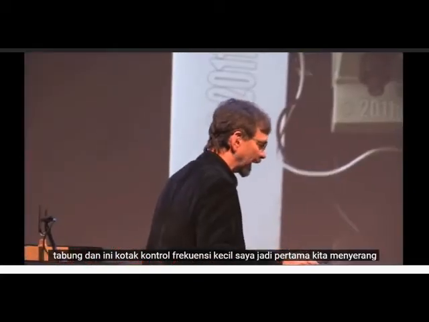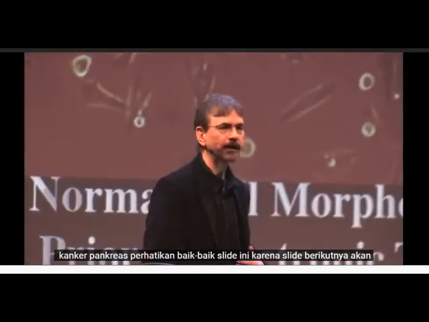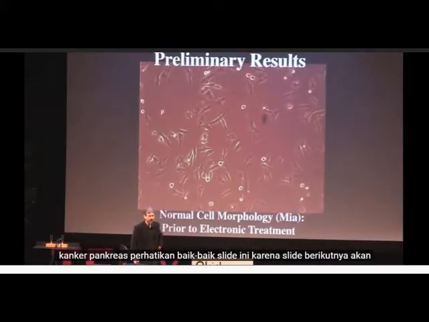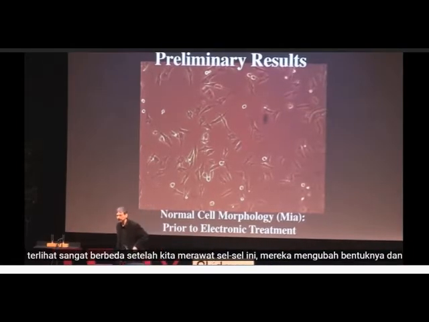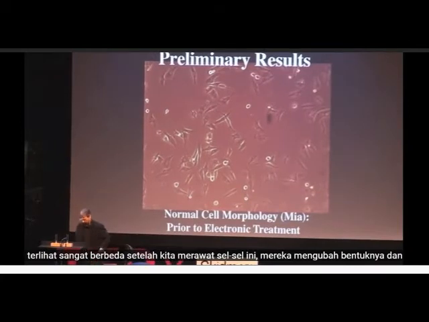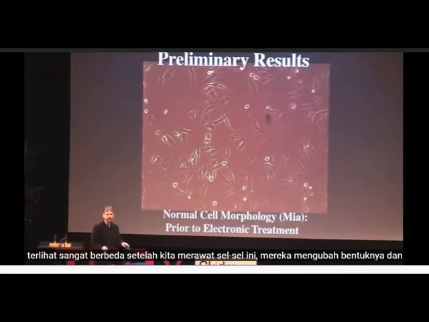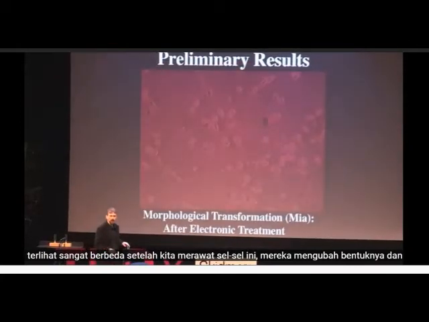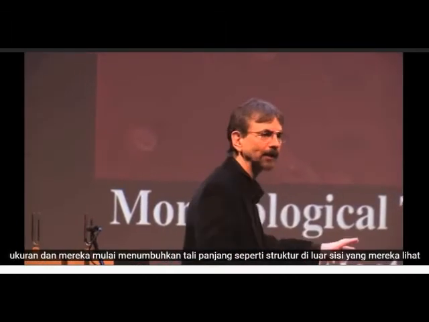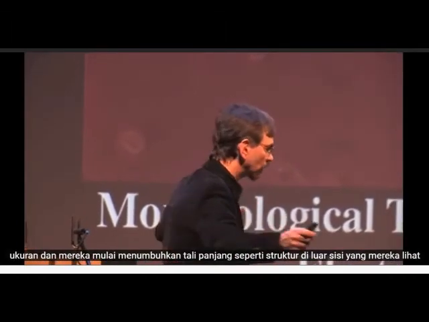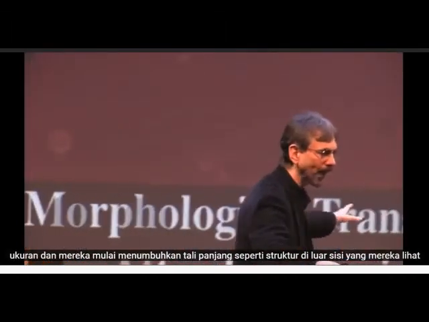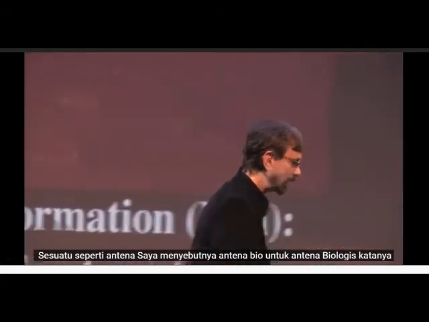So first we attack pancreatic cancer. Take a good look at this slide, because the next one will look quite different. After we treat these cells, they change their shape and size, and they begin to grow long, rope-like structures out the sides. They look something like antennas.